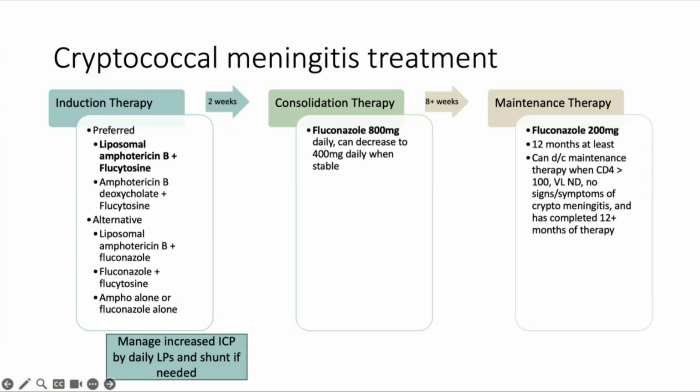As you mentioned, induction therapy is how we treat cryptococcal meningitis, with liposomal amphotericin B and flucytosine preferred. An alternative would be with fluconazole. And then the other really big part of induction is managing increased intracranial pressure if needed by frequent LPs or even a shunt potentially if it's really high.